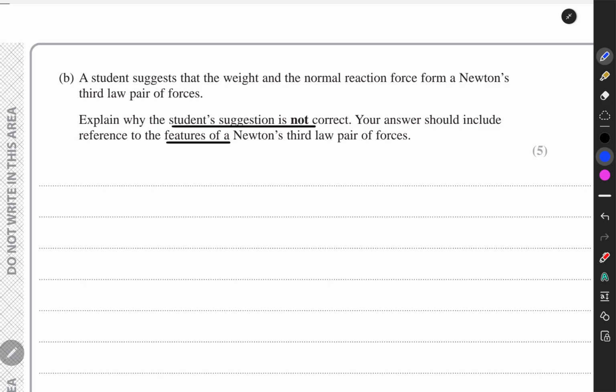According to Newton's third law of motion, there are several important points to notice. Both forces should be equal and opposite, so we will apply some tests.